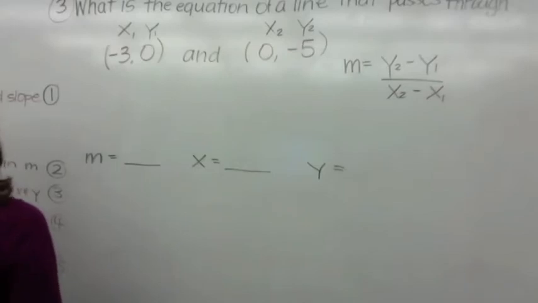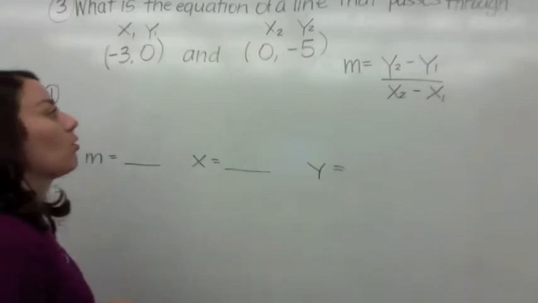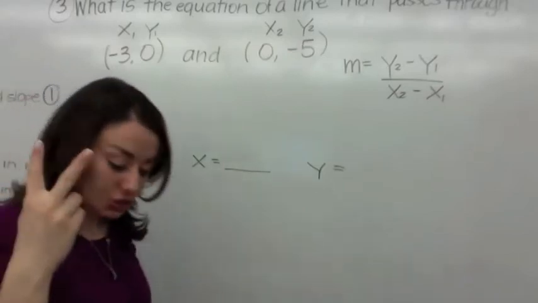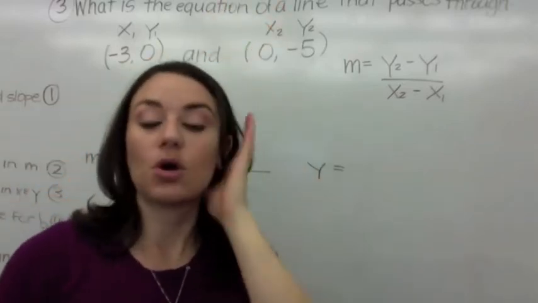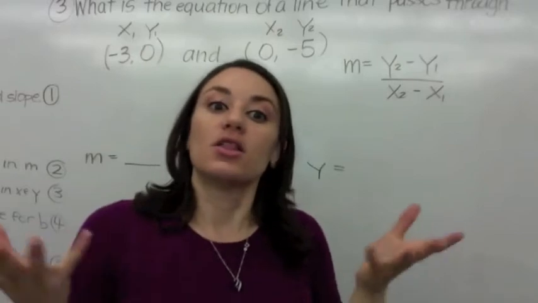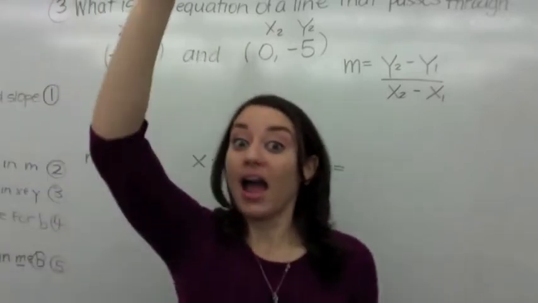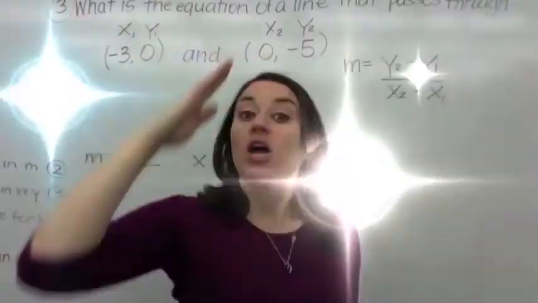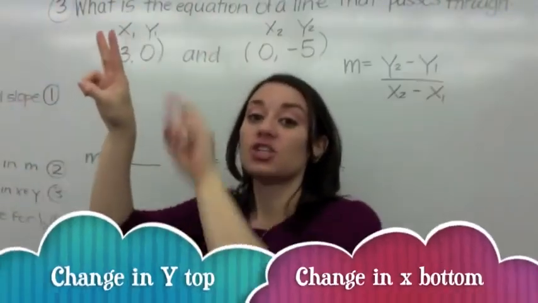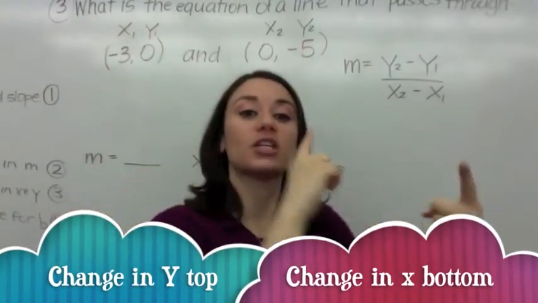Label that for me. Okay, so remember, when you're given 2 points, you can find the slope, right? So what is the slope formula? I know, let's sing the slope formula song, and it goes like this. Slope, slope, change in y at the top, change in x bottom.